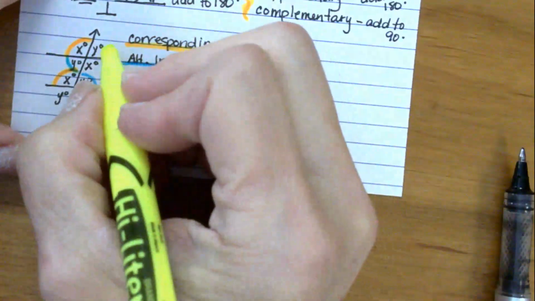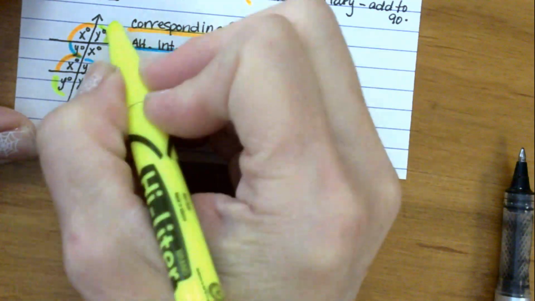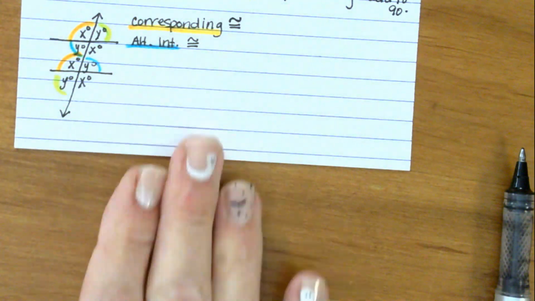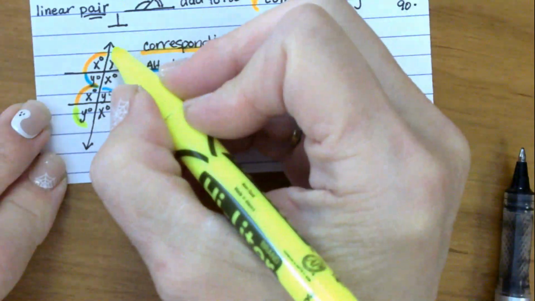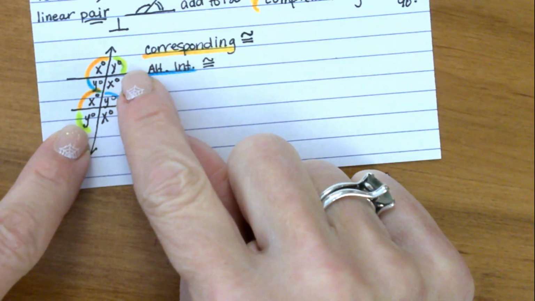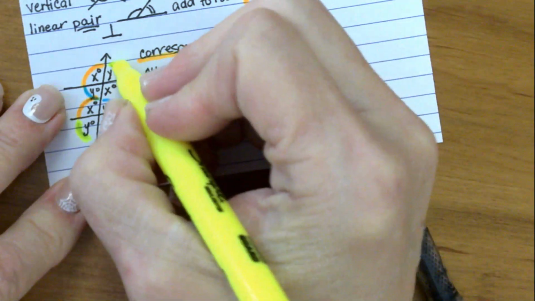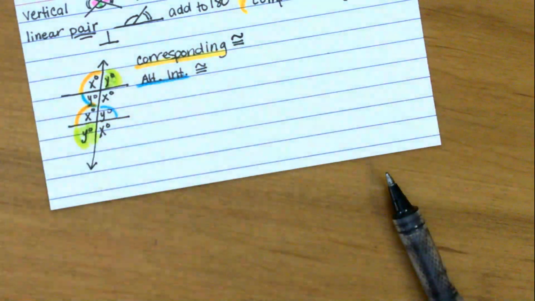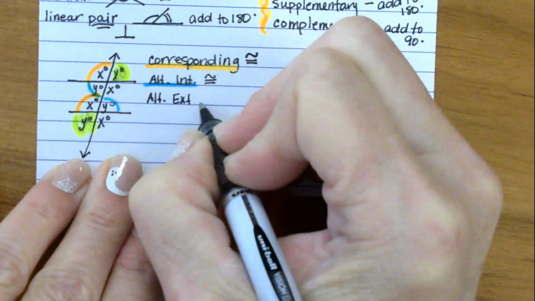The next one, and I can't say it enough, by the way, I know it's hard for you to see with the lighting, but I have these two right here. These, the Y's that are on the outside, I used yellow. It's not showing up very well. Those are alternate exterior. Those are also congruent.